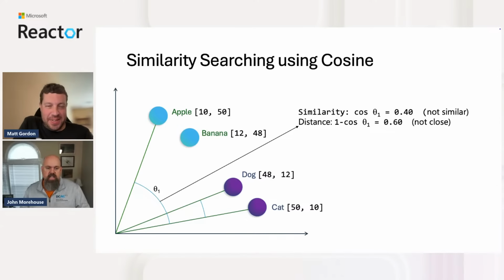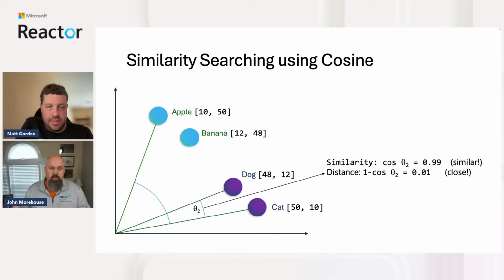Here we can see that apple and banana aren't that similar or close to dog, right? So we know that a couple of fruits are not the same as a dog. But now if we look at a dog and a cat in terms of the cosine of the numeric values, they're closer in value, right? So that mathematical result tells us that the data are more similar than apple and banana are.